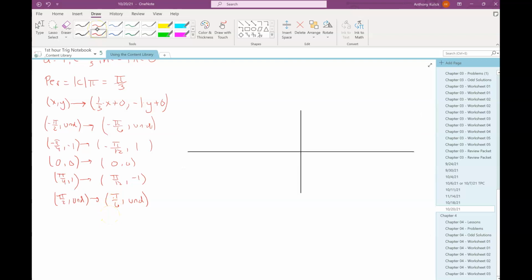I could either put 24 tick marks on here because I'm going from negative 2 pi to positive 2 pi, so I'd need like 24 on each side, or I'm probably just going to go by sixths and just put 12 of them on here because it's going to get a little busy looking. 1, 2, 3, 4, 5, 6, 7, 8, 9, 10, 11, 12.